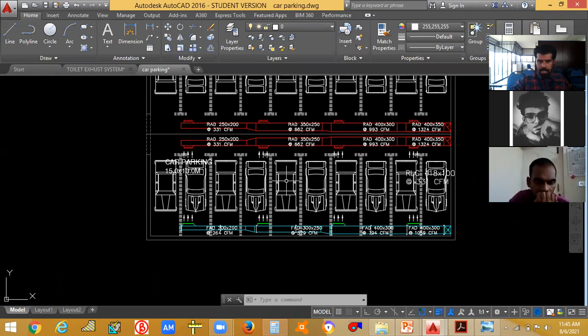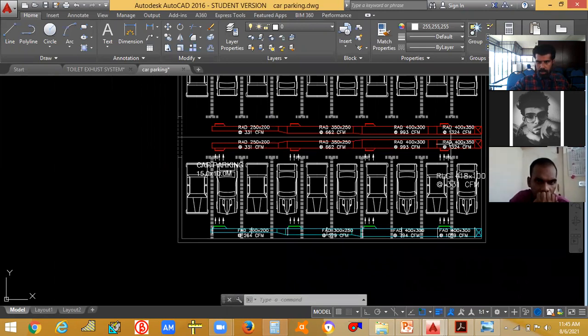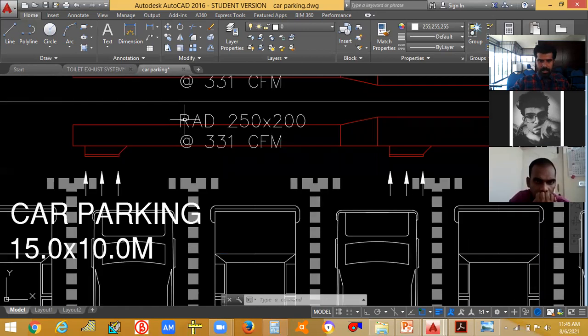So 2,000 CFM to this side, 2,000 CFM to this side, 2,000 CFM to this side, and 2,000 CFM to this side. I have divided that 8,000 CFM into 4 equal parts. Okay. So I am going to size the duct for 2,000 CFM.